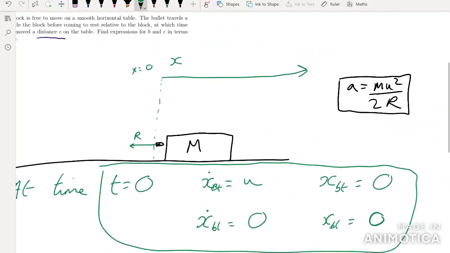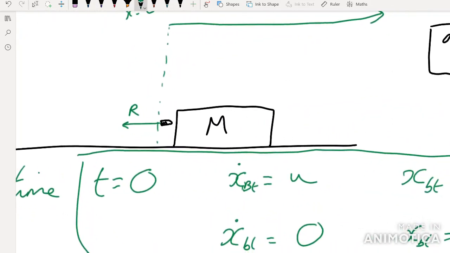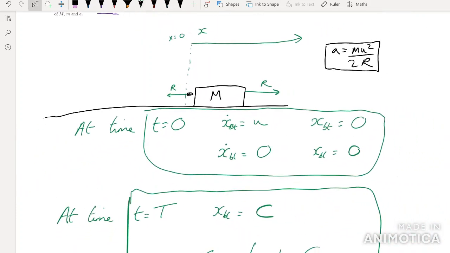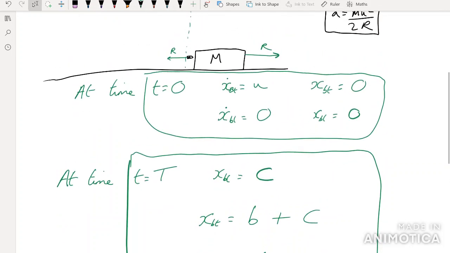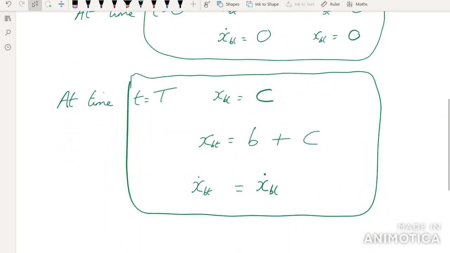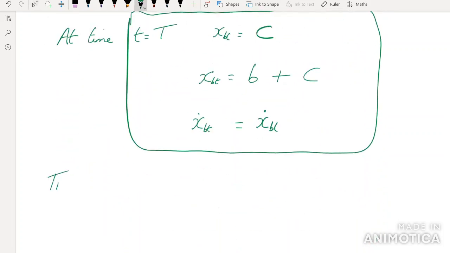And due to Newton's third law, that means that we can also say that the only force acting on the block is a forwards force of r. And this is true at all times. So we know that this is true until the bullet is at rest relative to the block. So in other words, true for all t such that 0 is less than t is less than or equal to T.